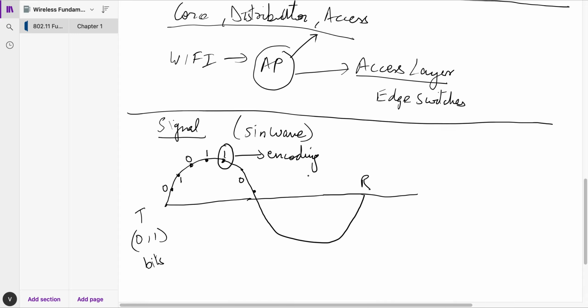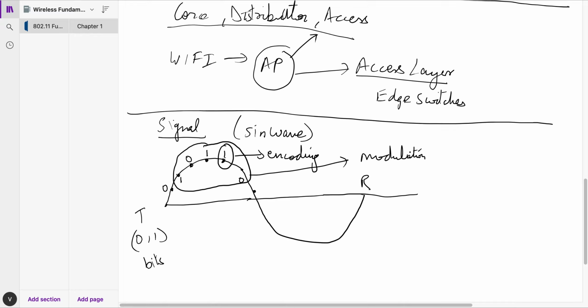Okay, encoding the data, right? Now, how this encoding is done is called modulation. Okay, adjusting the bits onto the signal is called encoding.